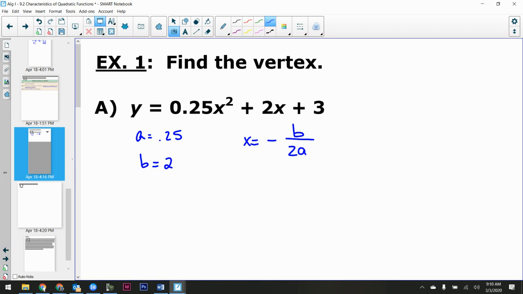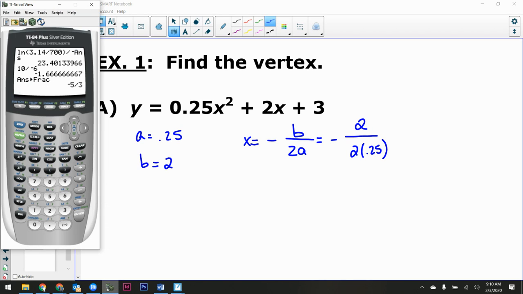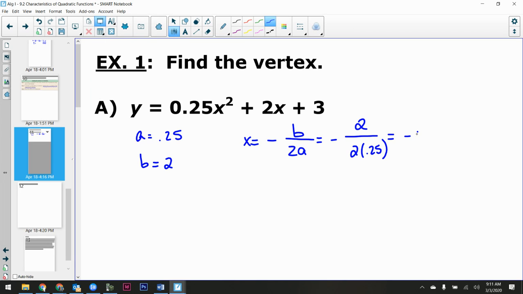You may be thinking to yourself, oh, Mr. Laverick, you're reading this wrong. This isn't find the axis of symmetry, this is find the vertex. You do the same thing. So we've got -2 divided by 2 times 0.25. Now I'm going to go into my calculator and run that: 2 divided by, parenthesis, 2 times 0.25. 4. -4.